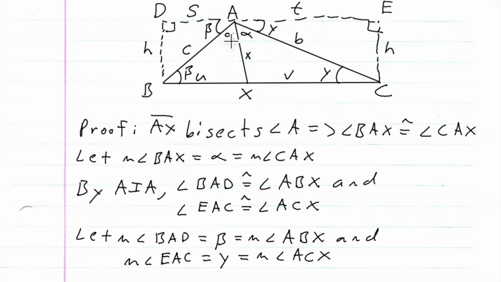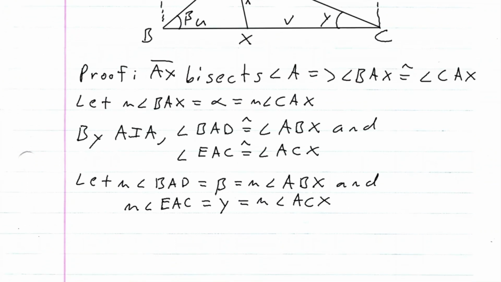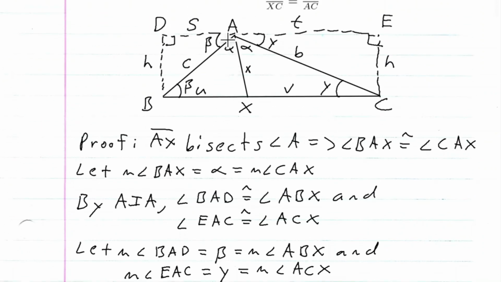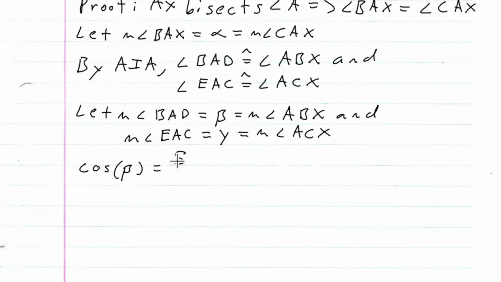Okay, so now I'm going to try to find cosine of beta with this right triangle and cosine of y with this right triangle. So let me first do cosine of beta. Cosine of beta is going to be S over C. And then if we solve for S, this means that S is equal to C cosine of beta.